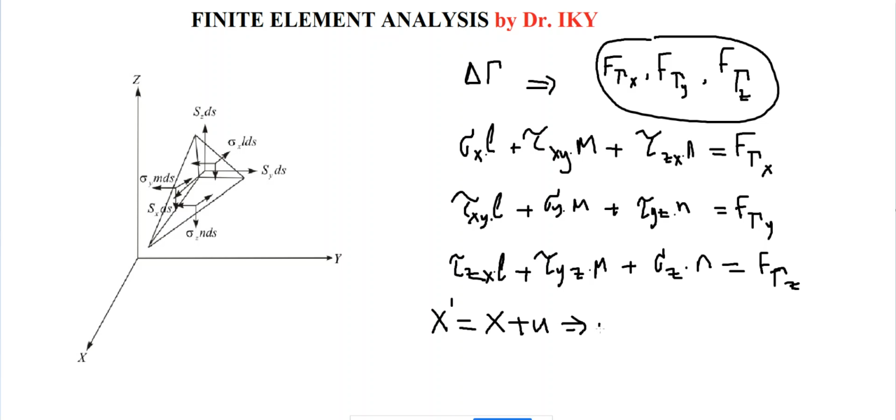So I need to find u as a displacement with the help of our equations. We can write x2 minus x1 also. And these are the same with y. You will write it for y, instead of y, we will write v. v is equal to y hat minus y. And for the z, we will write w or omega is equal to z hat minus z.